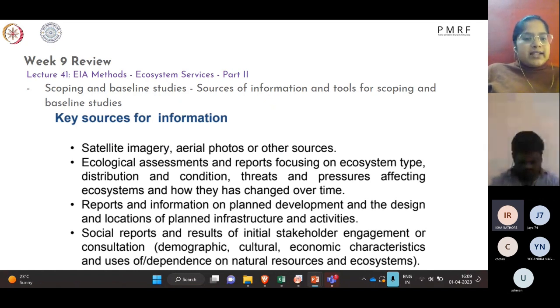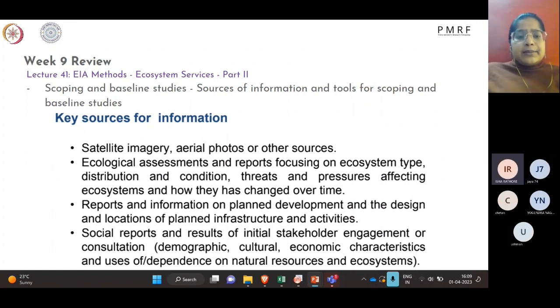And then you need to look up key information. So you can use satellite imaging or aerial photographs taken from drones or other sources. You can also look up ecological assessments and reports which are available with different agencies which gather these data on ecosystem services and flora, fauna, and things like that.